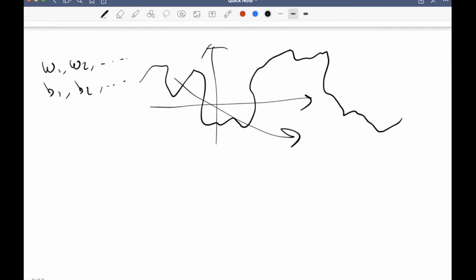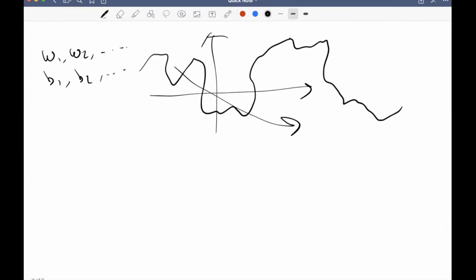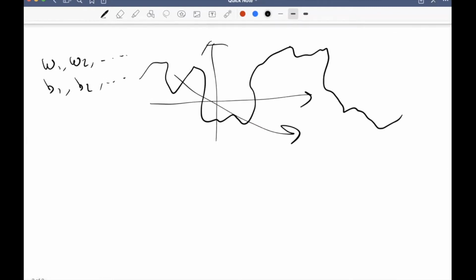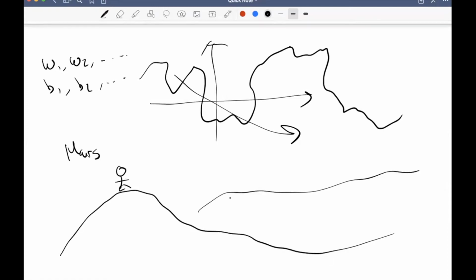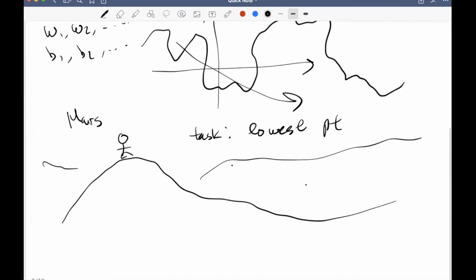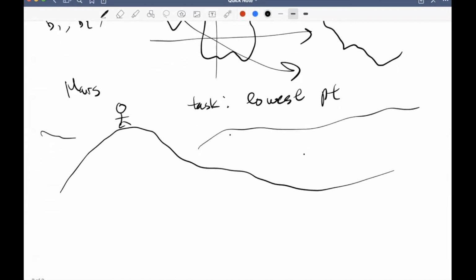And as Edward mentioned before, that's where gradient descent comes in. Basically, you could imagine if you were stuck on Mars, for example. Here's you, and you're in some really crazy terrain, and your task is to find the lowest point. Practically speaking, all you have is local information.